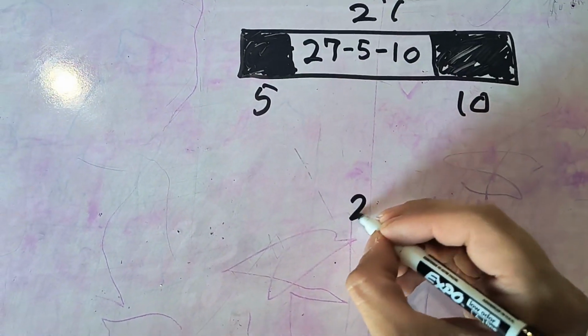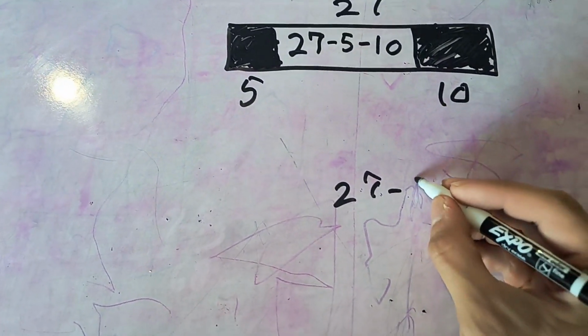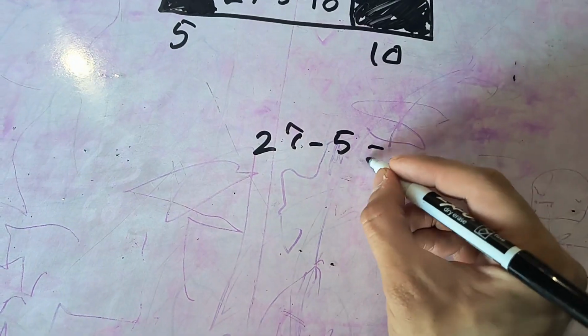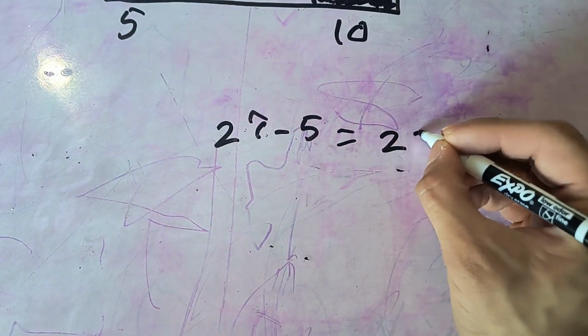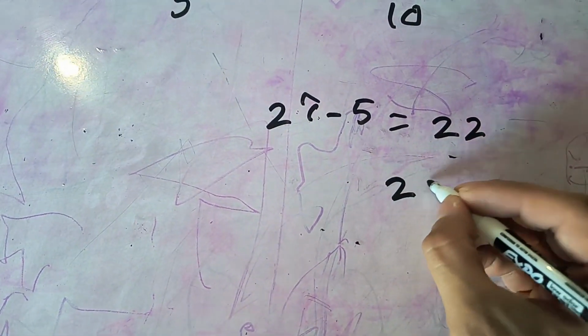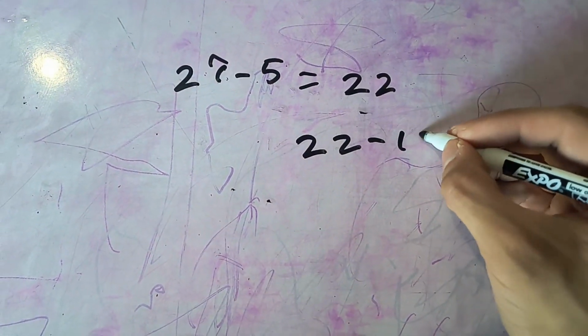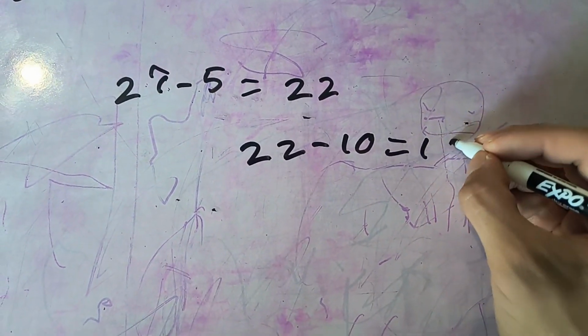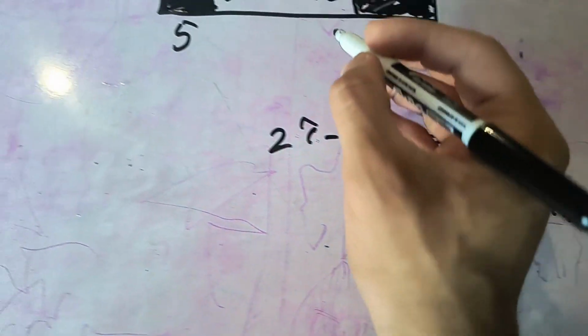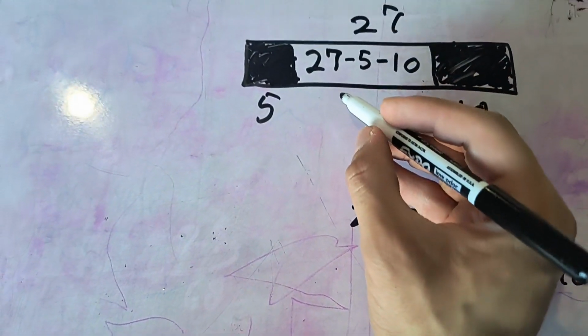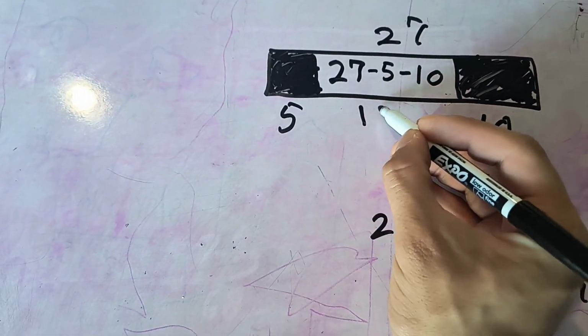And 27 minus 5, we do 27 minus 5 first, is equal to 22, and then 22 minus 10 is equal to 12. So the not shaded in part is equal to 12.